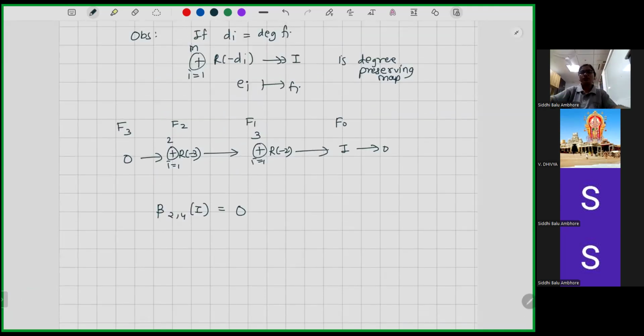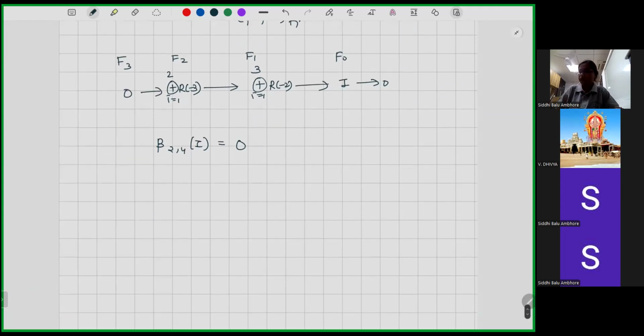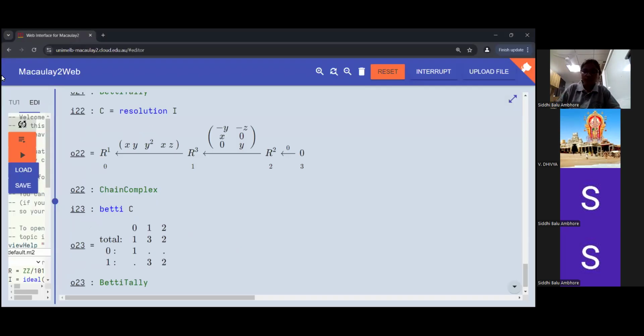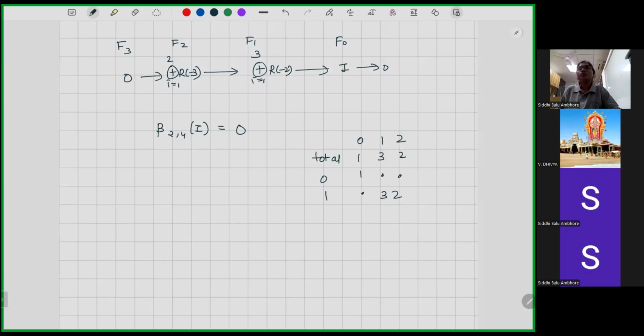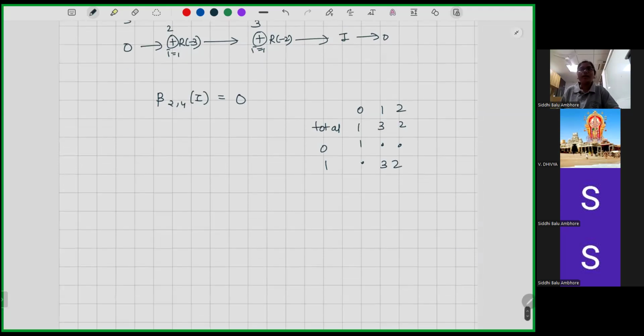But in Macaulay 2, when I write this beta 2,4, we can see from the Macaulay 2 screen here that it is 0, 1, 0, 1, 2, 1, 3, 2. This is the total Betti number, and 0, 1, 1, dot dot, 3, 2. So this is the expression which we have.